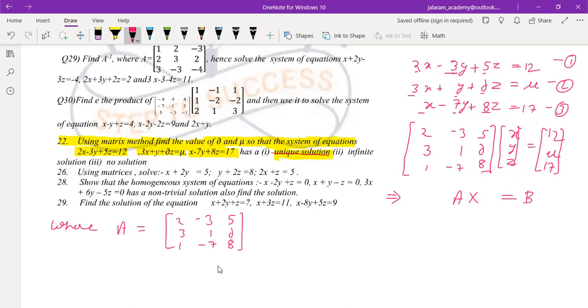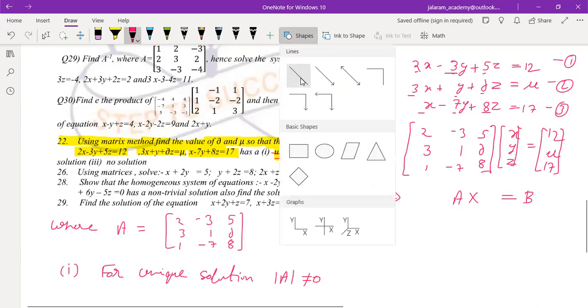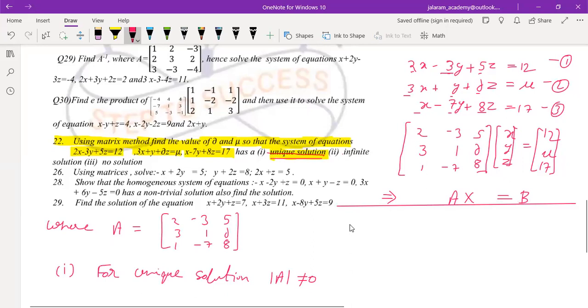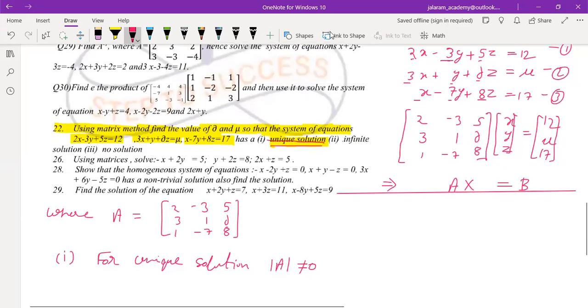And we know that to find the condition for unique solution, what is the condition for unique solution? For unique solution, we know that determinant of A must not be 0. So we have to find the determinant of A to solve this question.